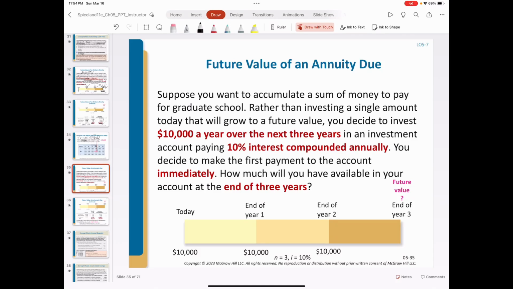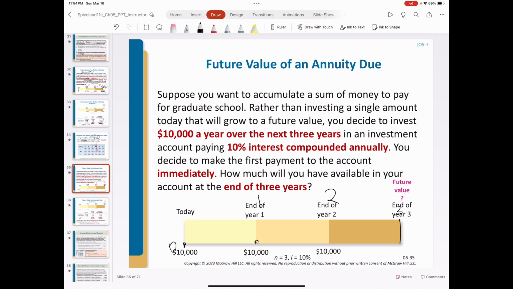So the next is future value of an annuity due. Just based on the same information as a prior example, the only difference is now the cash flows are located at 0, 1, 2, while the future is 3.